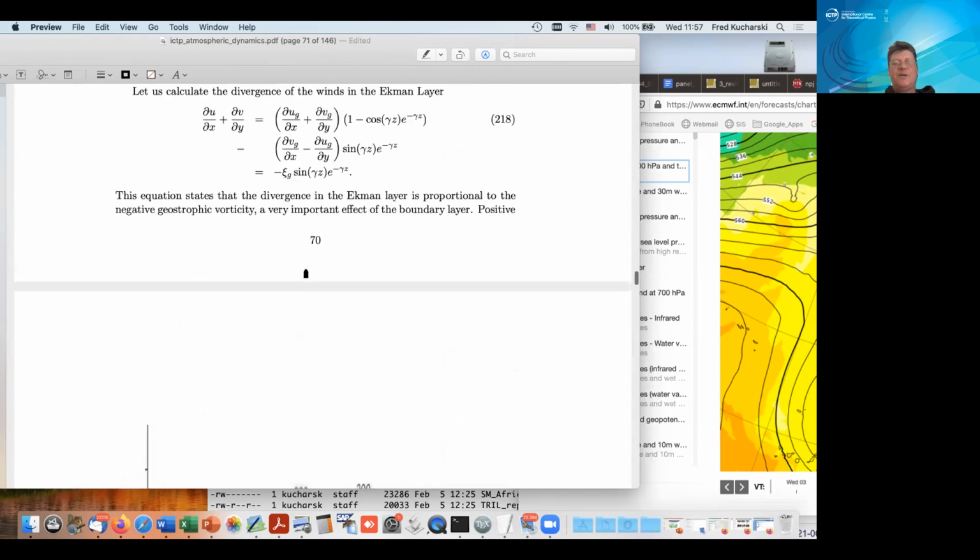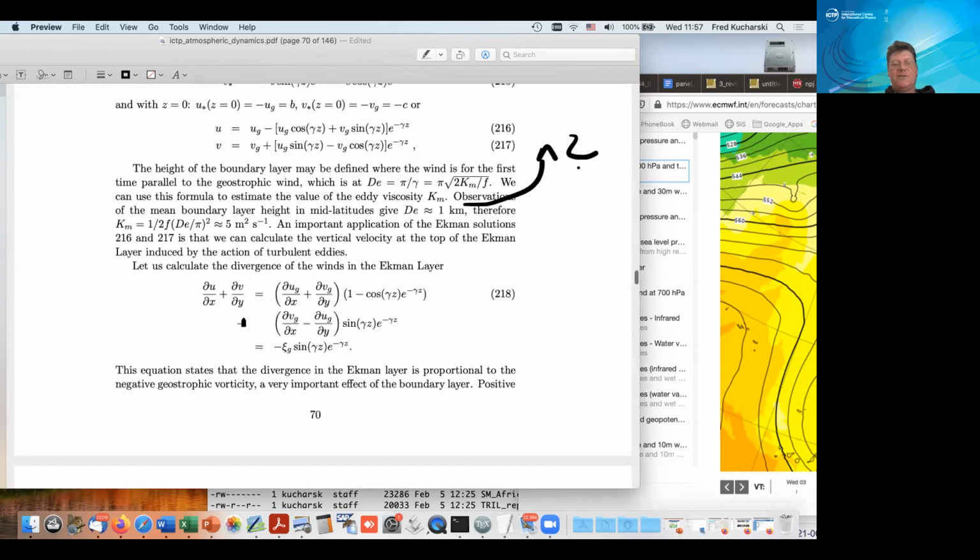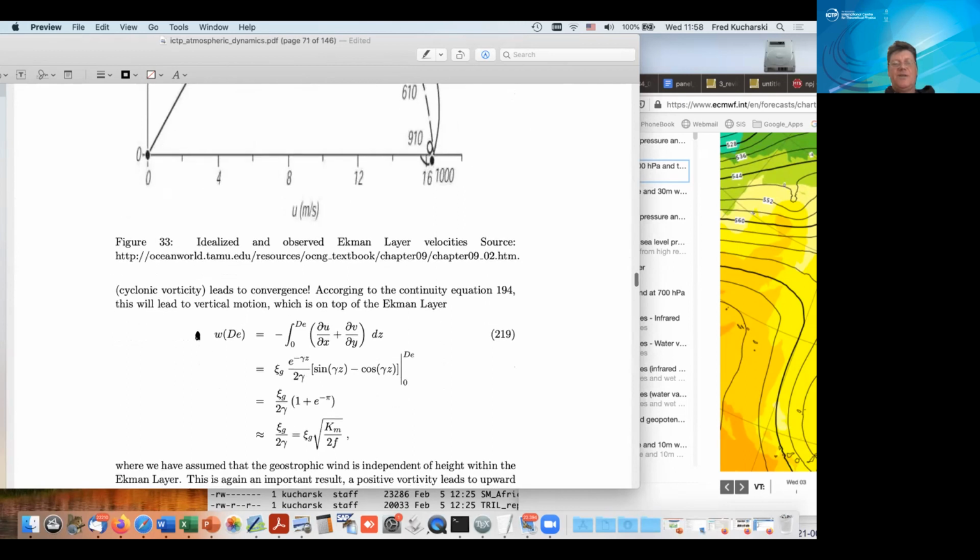We now have an expression for our divergence, so we can use the equation dw by dz equals the divergence, and integrate that vertically, assuming that the vertical velocity is zero at the ground. What is the vertical velocity induced by this convergence or divergence at the top of the boundary layer? This divergence accumulates, and we increase our vertical motion.